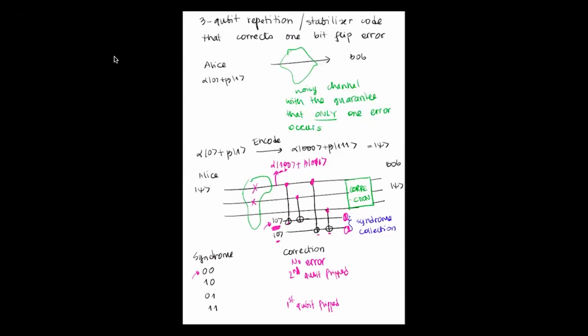And similarly, by exclusion principle, this is where the third qubit will flip. Okay. And now Bob has all the information just by doing these two measurements. He knows what happened with the error in the erroneous quantum channel, and he does the exact correction. If he sees 1, 0, then he flips back the second qubit that he got, and he recovers the psi that Alice wanted to send.